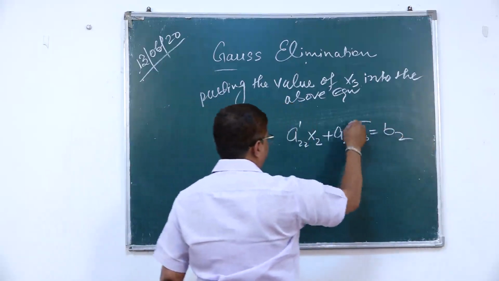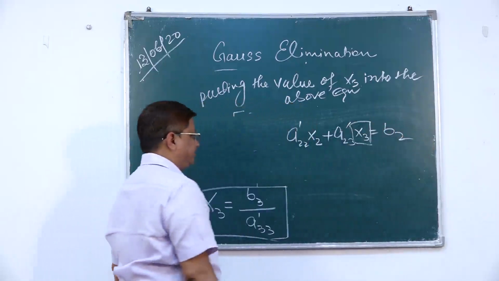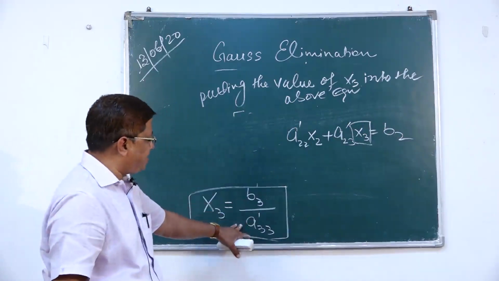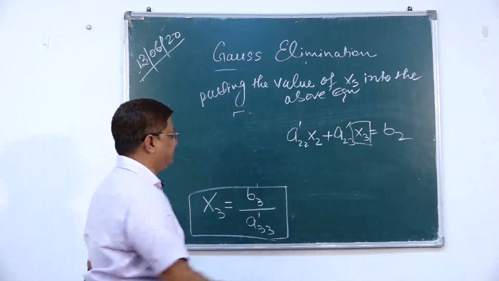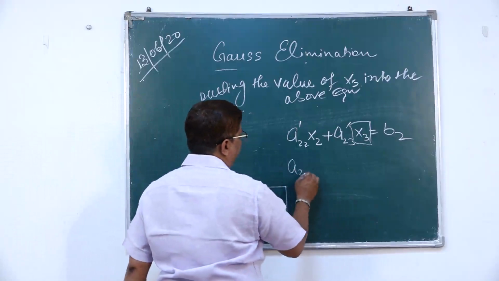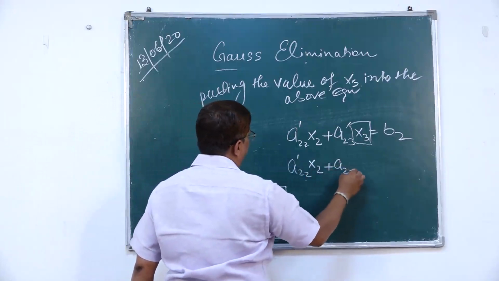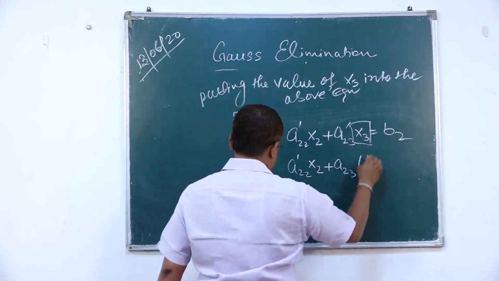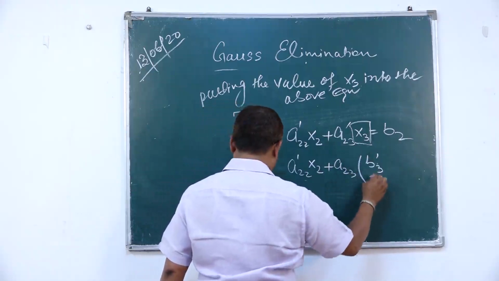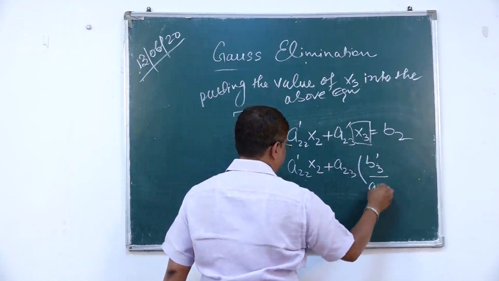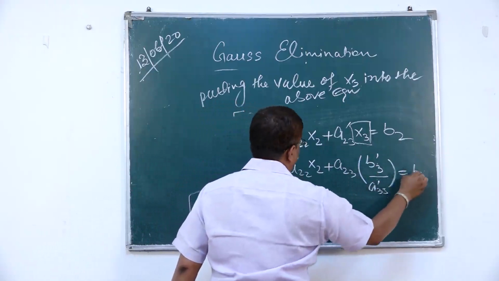Now put the value of x3, b3 dash divided by a33 dash: a22 dash x2 plus a23 dash times b3 dash divided by a33 dash is equal to b2.